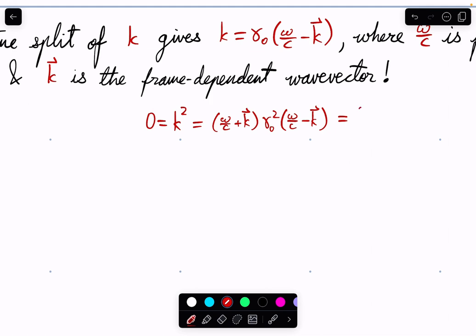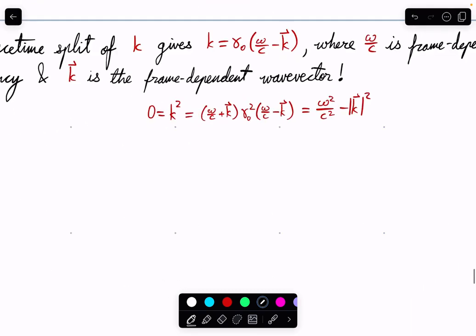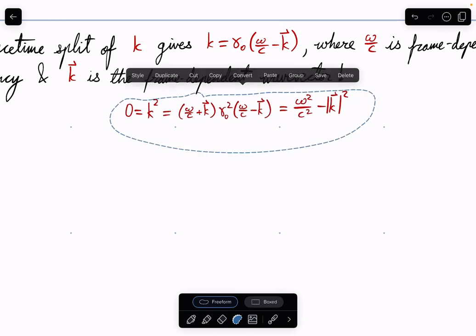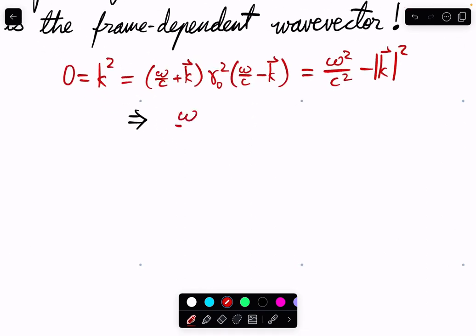And this is just omega squared over c squared minus the magnitude of k vector squared, which implies that omega over c is equal to the magnitude of k, which is a known result.